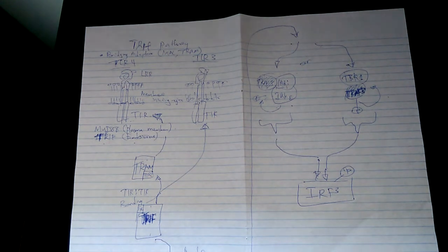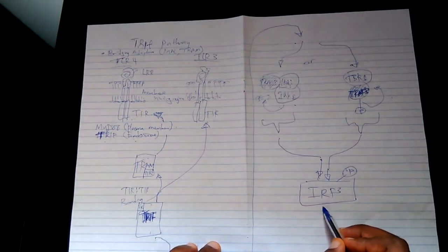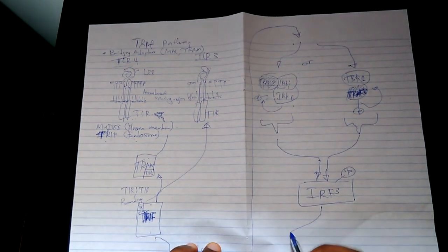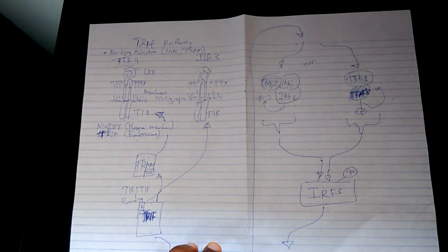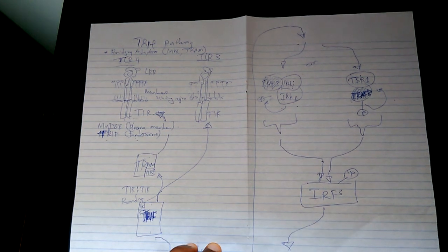Now this protein goes on ahead to combine with another IRF3 protein to form a homodimer.